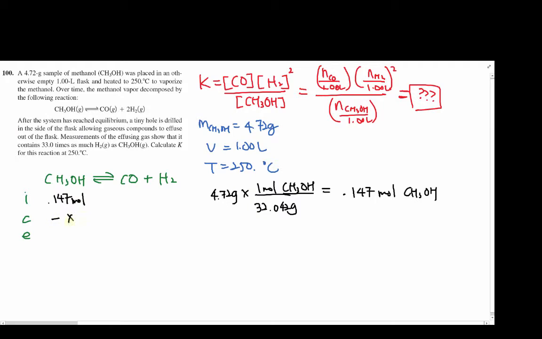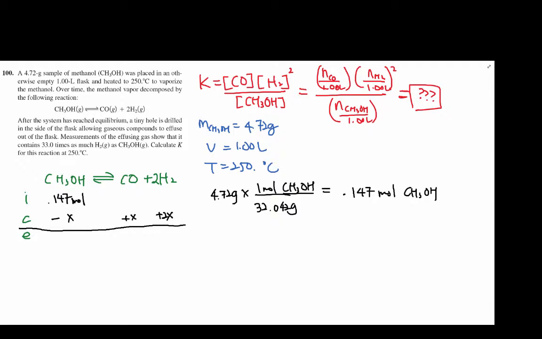Then I subtract and add accordingly to our stoichiometric coefficient. Oh, I forgot 2 here. You add plus 2x, and you want to add these up. And here we get the equilibrium concentration that's going to go directly into our K equation in the red font here.